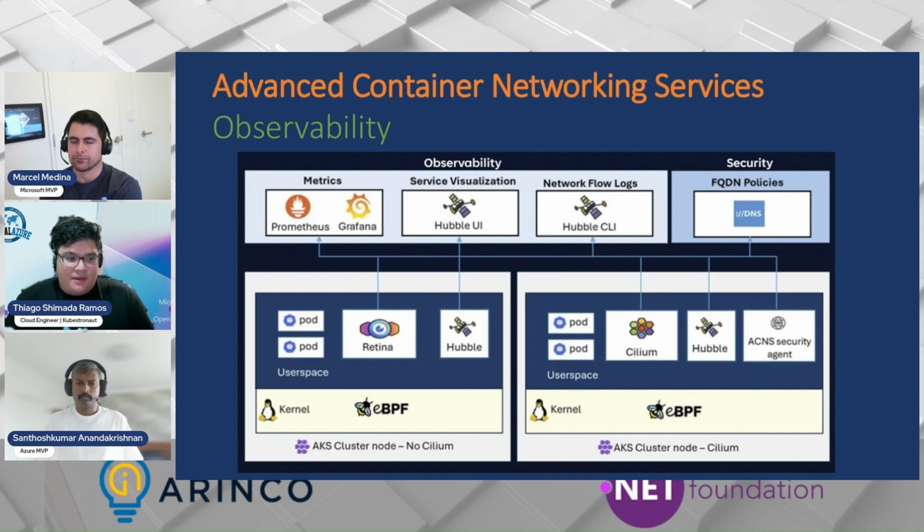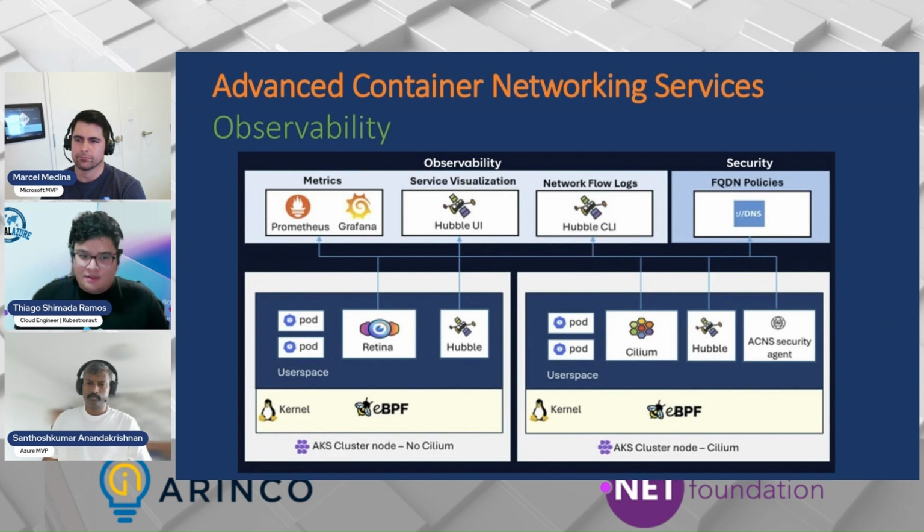This gives you metrics through Prometheus to Grafana, and you can see them in the UI. You can see where packets are being dropped, TCP resets, or surges in traffic volume. And using Hubble, you can see the topology of the network as well.